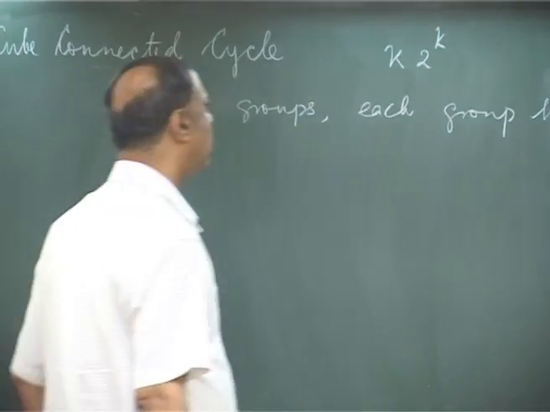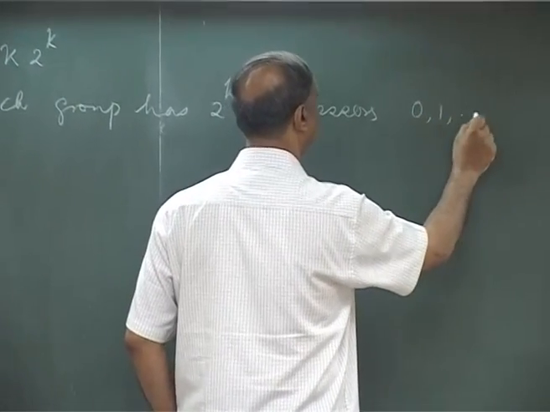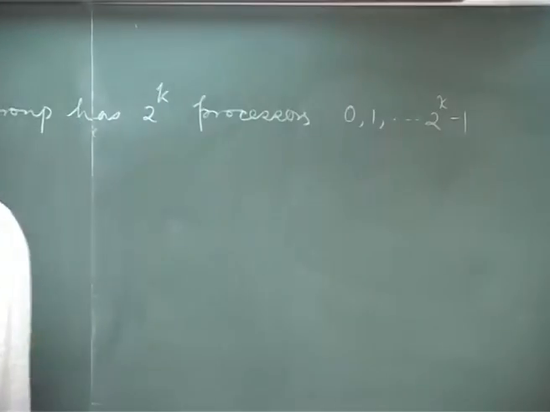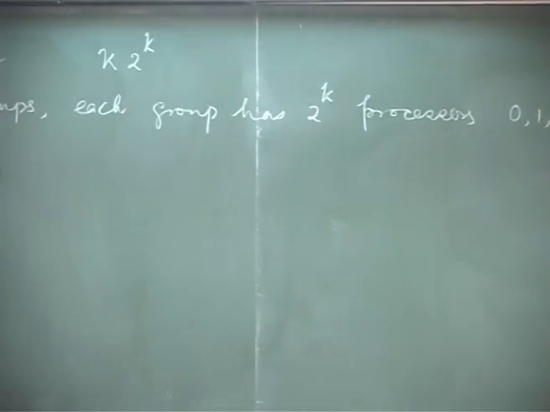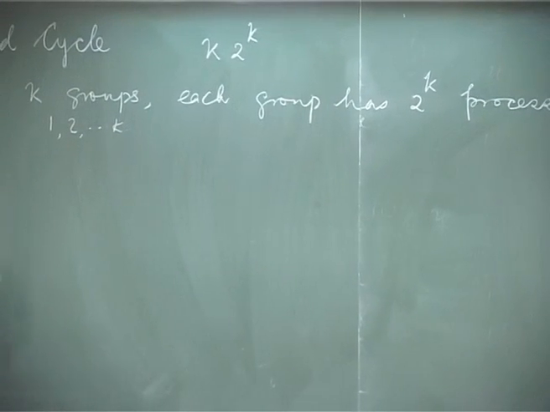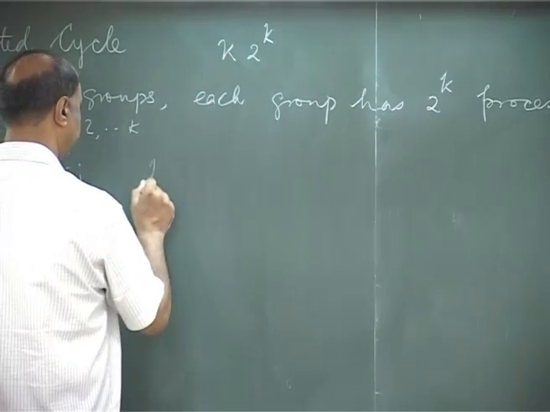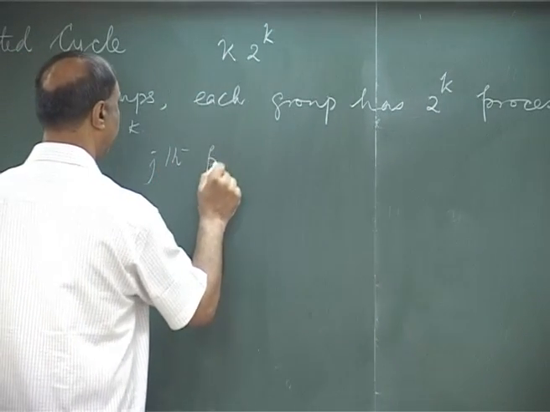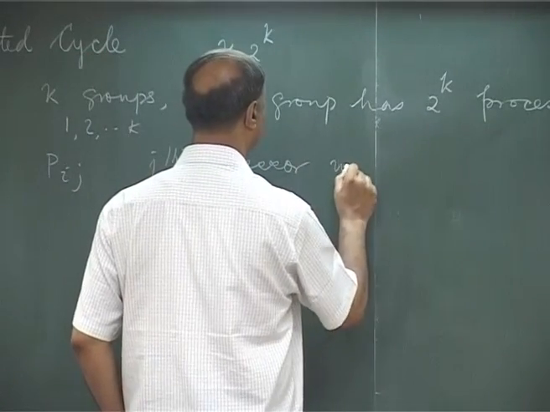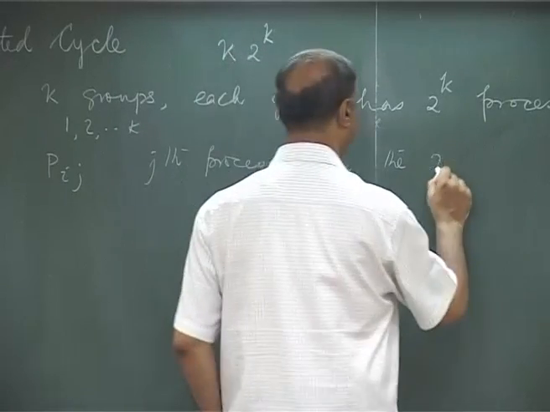These processors are indexed 0, 1, up to 2 to the power k minus 1, and groups are numbered 1 to k. Pij is the jth processor in the ith group.